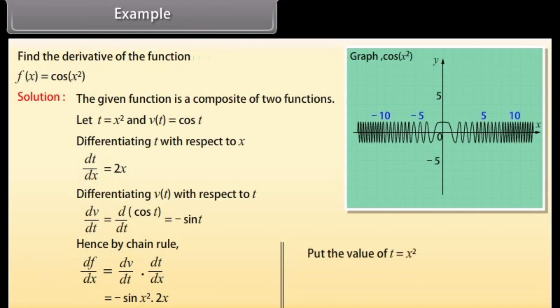Put the value of t is equal to x square: minus sin x square into 2x is equal to minus 2x into sin x square.